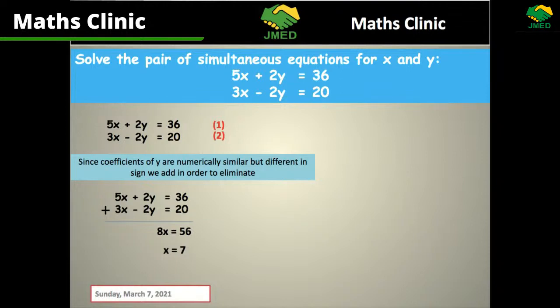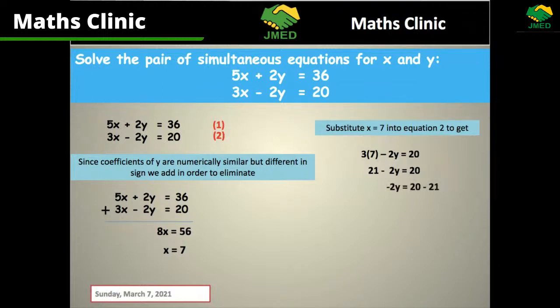And the next stage for us is to substitute this value of x equals 7 into equation 2. So we substitute x equals 7 into equation 2 to get 3 times 7 minus 2y equals 20. 21 minus 2y equals 20. We keep rearranging. We keep that minus 2y, remember that. And then we divide by minus 2 to get a half.